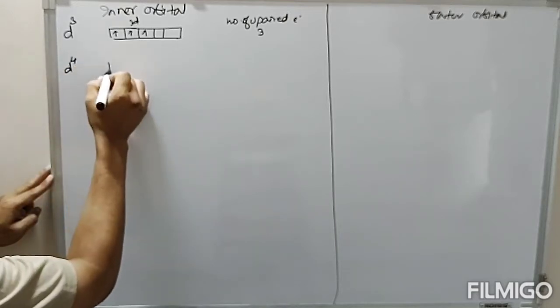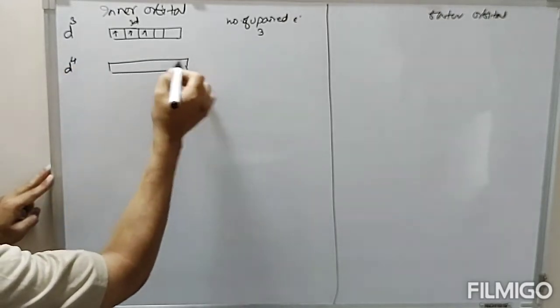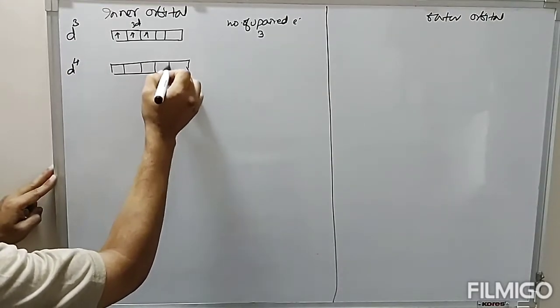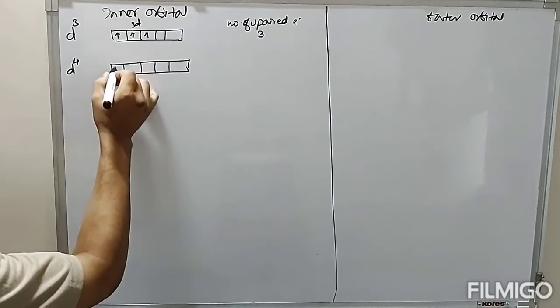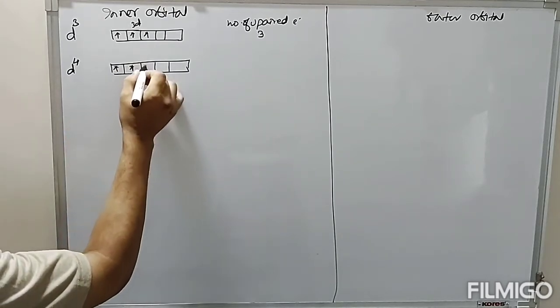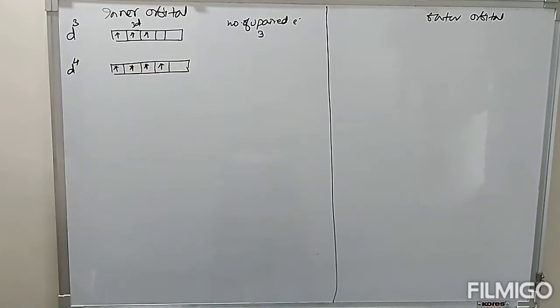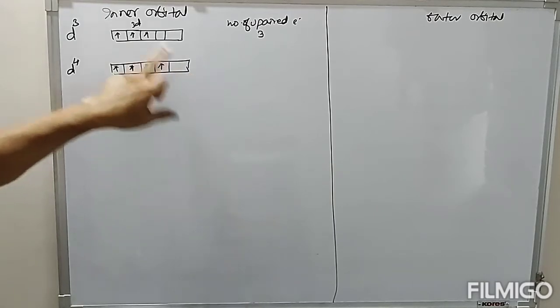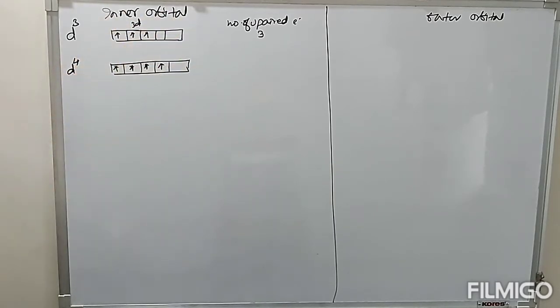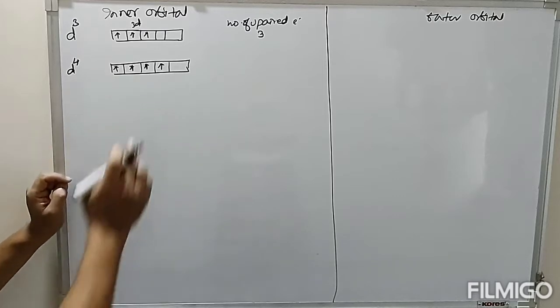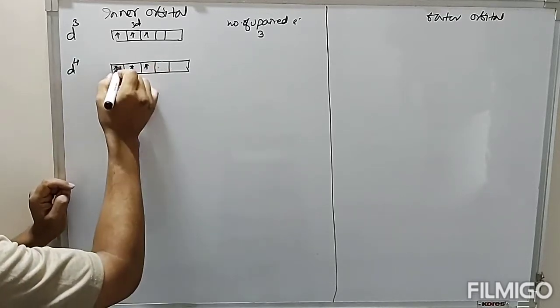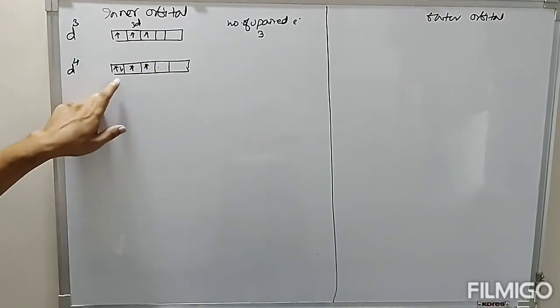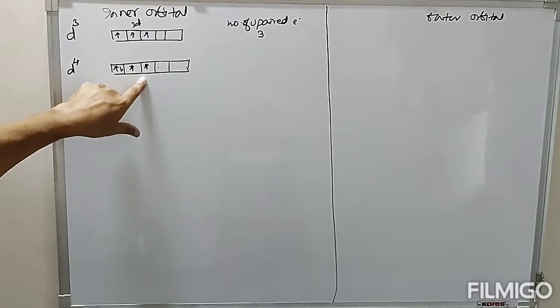D4 type. If I place the 4th electron here, only one d orbital is vacant, but inner orbital requires two 3d orbitals. So this electron will be forcefully paired up here, and the number of unpaired electrons is 2.